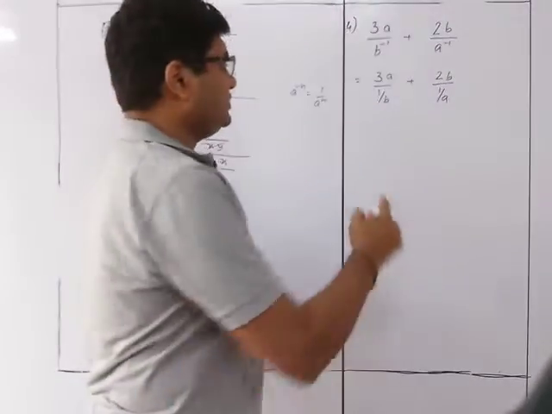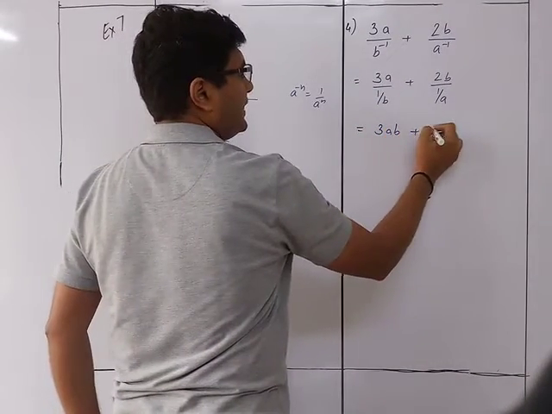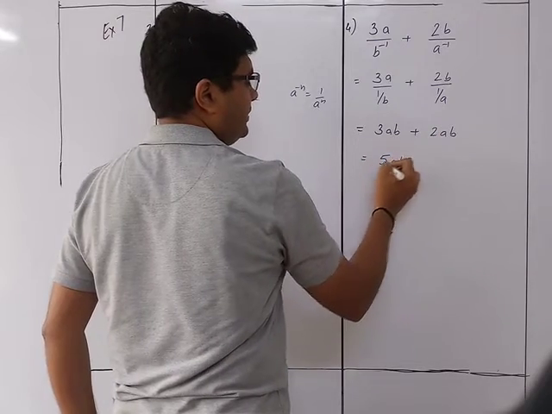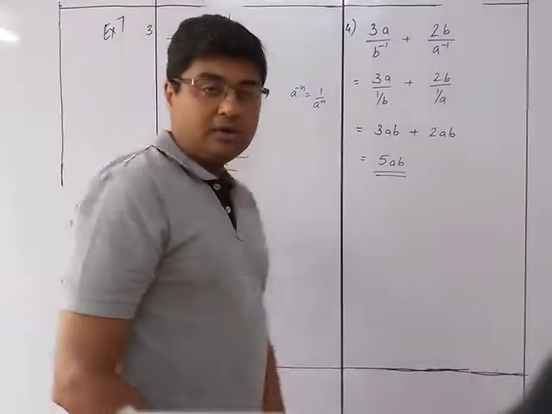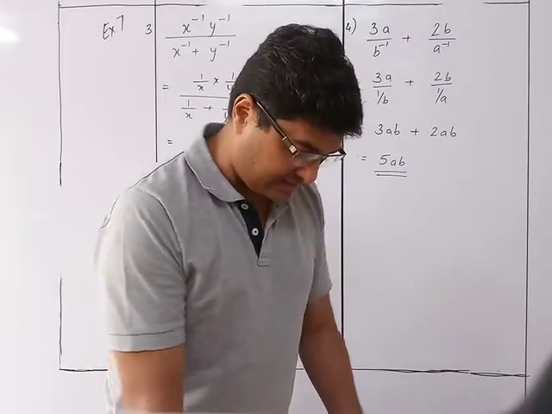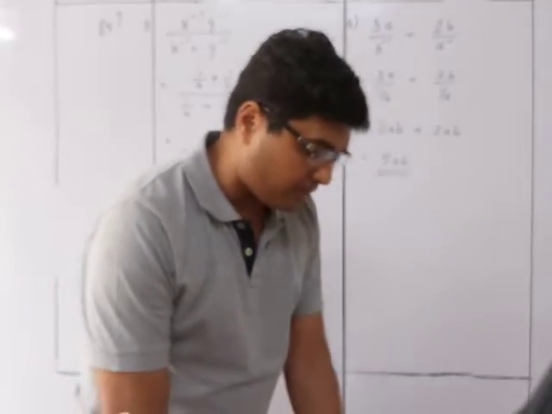Denominator becomes numerator, so this just goes upwards. So this will be 3ab plus 2ab. Answer is 5ab. A really quite an easy sum. That was sum number 4 of exercise 7. Now we come to sum number 5.